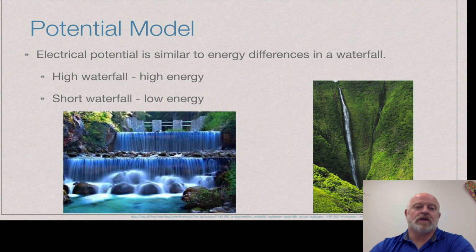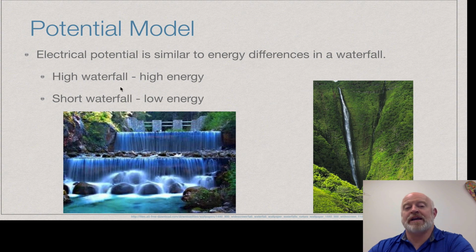Now, one way that we visualize this idea of electric potential is as a waterfall. At the top of the waterfall, there's lots of potential for the water to fall down. As it falls, it loses that potential, lands in the splash pool, and then goes down the river. Same idea for the electrons.